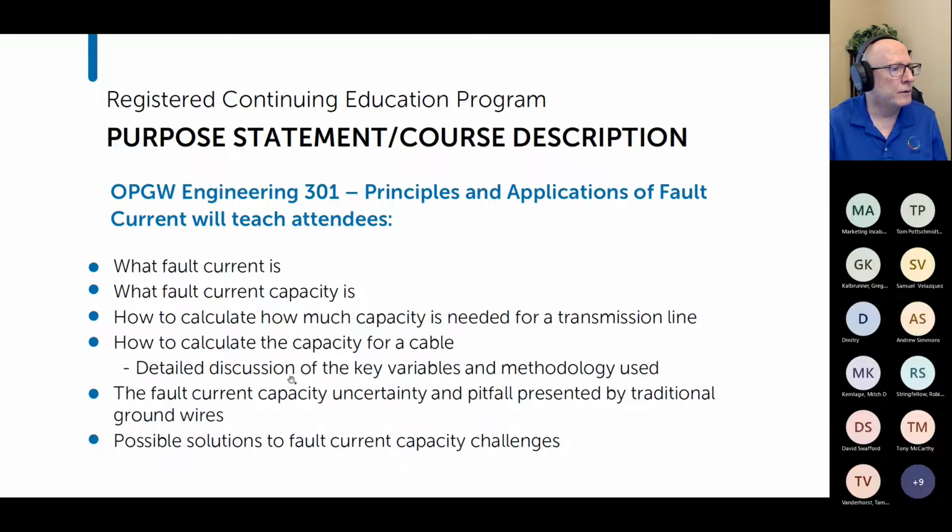For both of these, we'll have a detailed discussion about the key variables and the methodologies that are used. We'll also talk about fault current capacity uncertainty and the pitfall presented by traditional ground wires. And we'll close out by looking at some possible solutions to fault current capacity challenges.